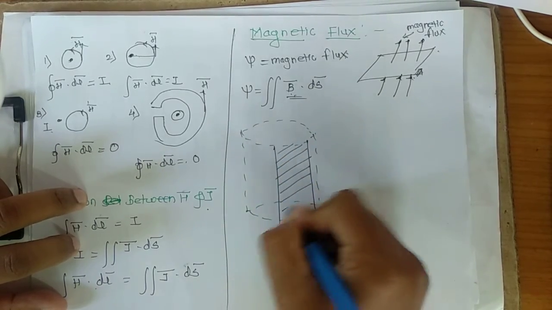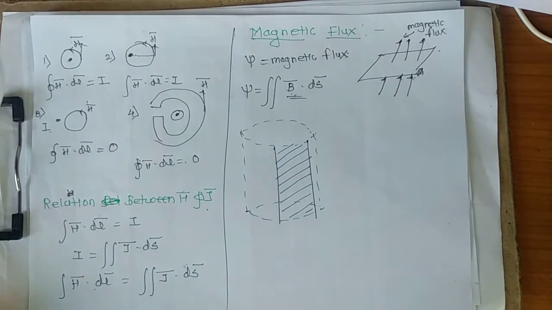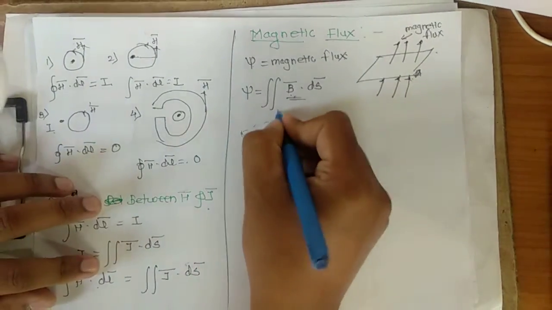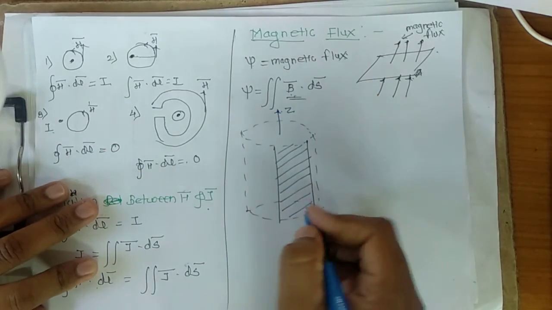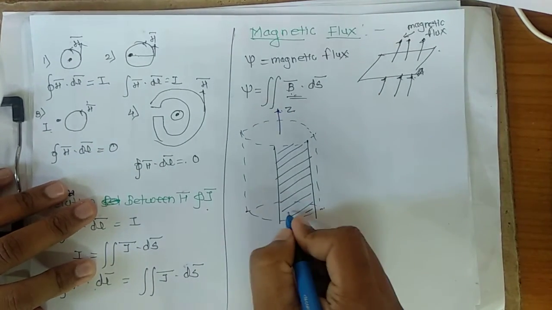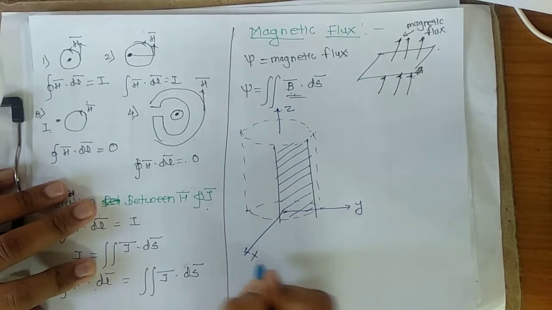From this area magnetic flux is passing. So there is a coordinate system: this is Z, this is Y, this is X.